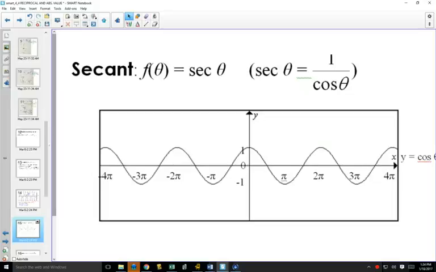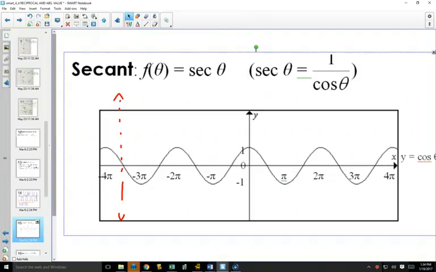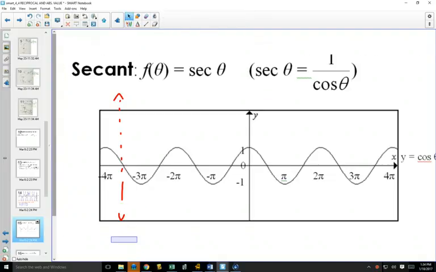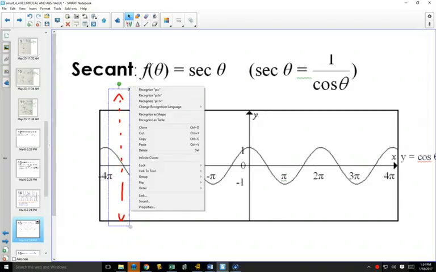So let's graph secant. What do we do first when graphing reciprocal? We have to switch. Asymptotes. You're wrong. We're supposed to draw sine. So now we're doing secant.